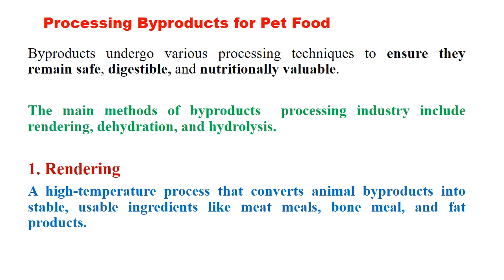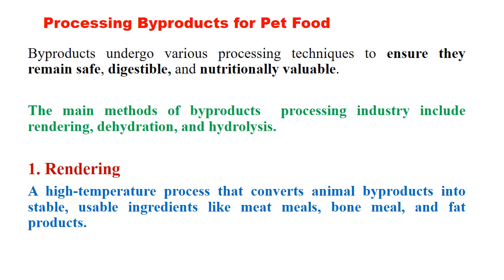So byproducts undergo various processing techniques to ensure they are safe, digestible and nutritionally valuable. The main methods for byproduct processing industry include the rendering that we have discussed earlier in details in my byproducts processing class or utilization class, and also there can be dehydration and hydrolysis process for these byproducts.